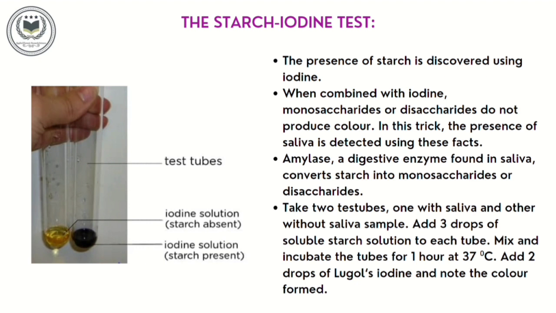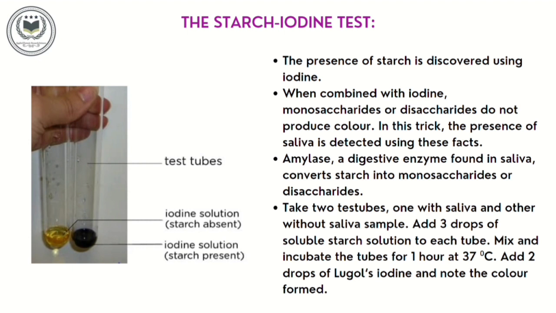In one test tube there is no color, because the starch is first hydrolyzed by the amylase and then mixed with the iodine solution, and the blue color is not obtained because the starch has been broken down into glucose and maltose. In the other test tube there is only starch and iodine, which mix with each other and form the blue color.